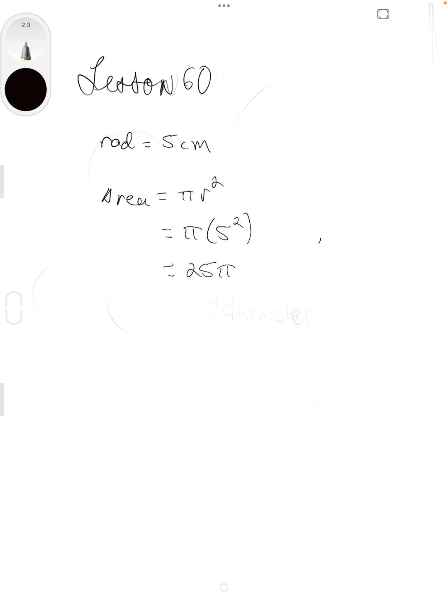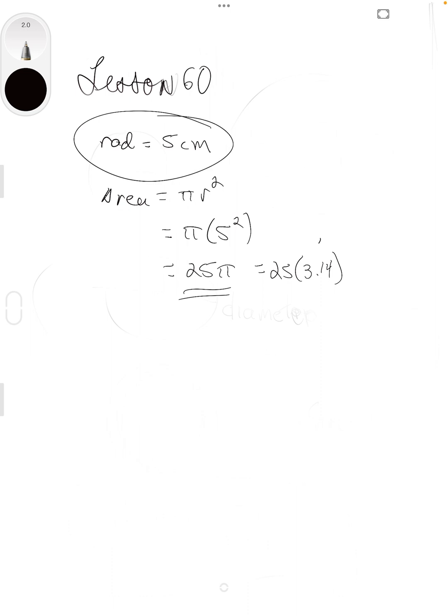That's actually good enough as an answer. If you multiply that out, 25 times 3.14, using a calculator, it's somewhere around 78. This is okay. Just leave it with pi. Everybody knows pi is 3.14, and it means just multiply times that.